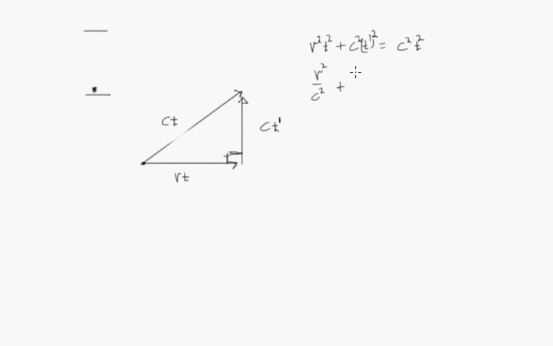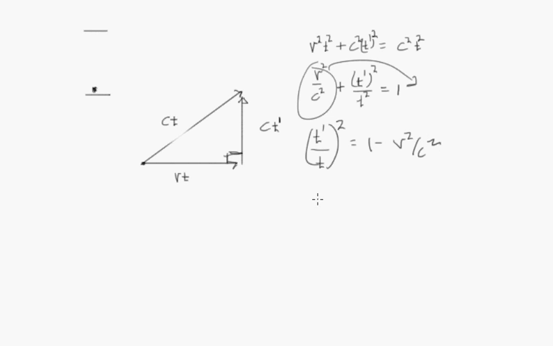So we have t prime squared divided by t squared. And c squared times t squared over c squared times t squared is 1. Great, so at this point, subtract this and move it over here, and we're going to come up with a familiar expression. Take the square root of both sides.